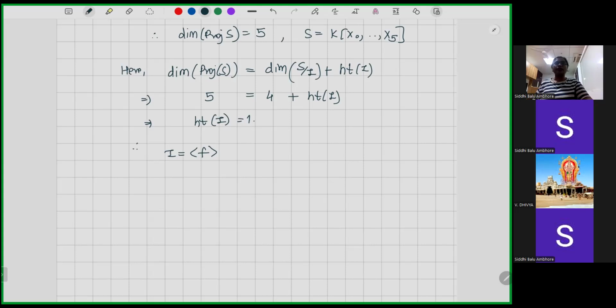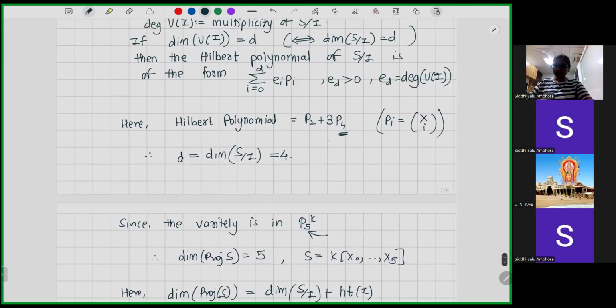Is that okay? And since this coefficient is 3, this e_4 gives the degree of the variety.